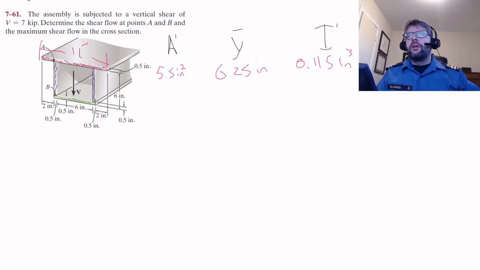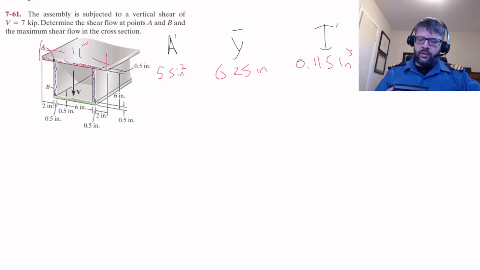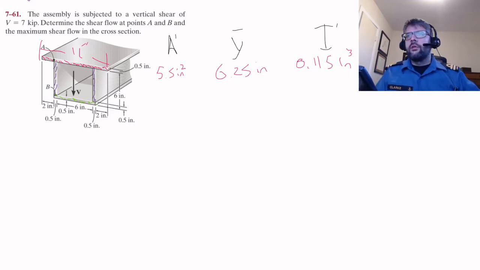But anyways, for the green, its width is 7 inches and its thickness is 0.5 inches, so 3.5 inches squared.